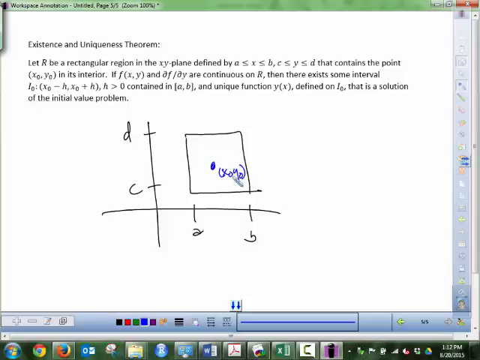So not on the boundaries, but directly in the interior. If f of x, y, and the partial derivative of f with respect to y are continuous, so you've got a couple of conditions here, and the f that they're talking about is dependent on your differential equation.